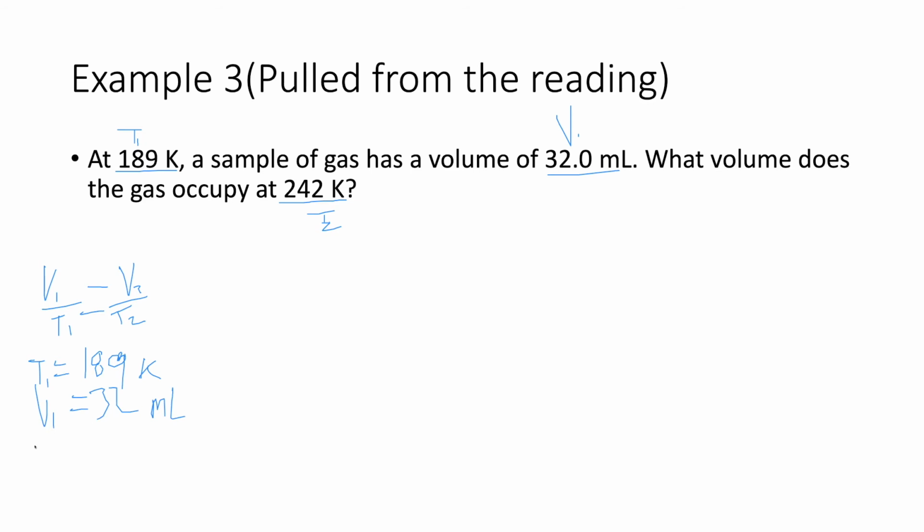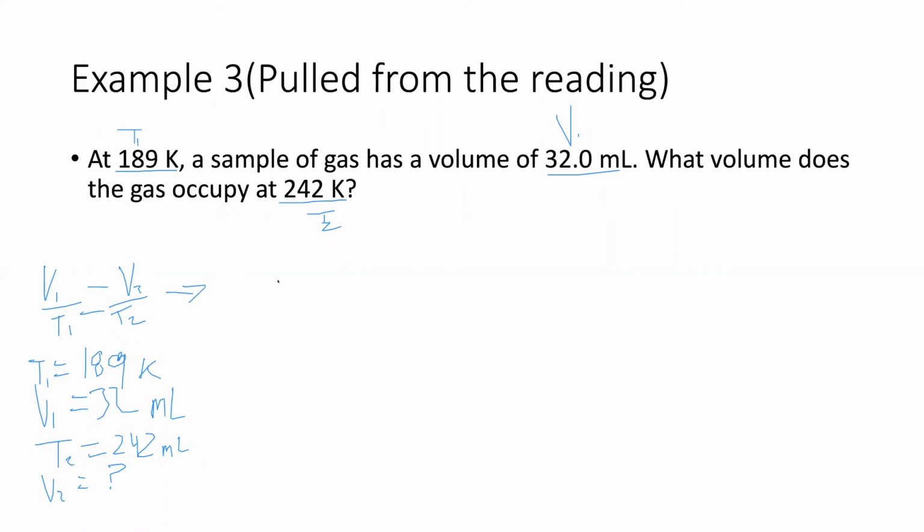T2, our final temperature, is going to be 242. And then V2, which is the one we don't know, is going to be our unknown. So now these are our variables. We're going to plug in our numbers and see what we get as our answer.